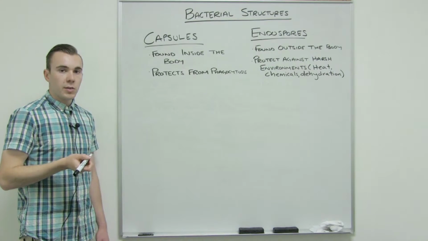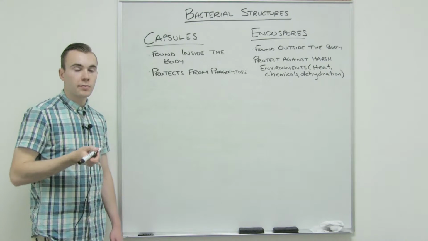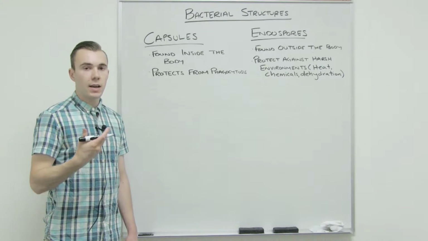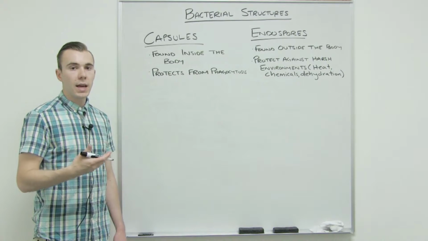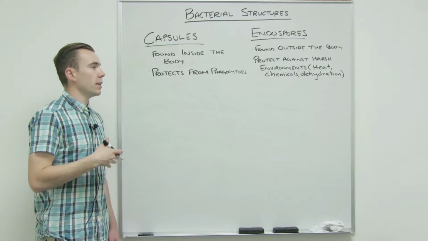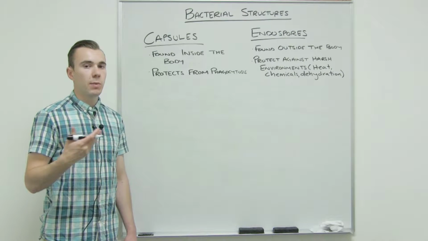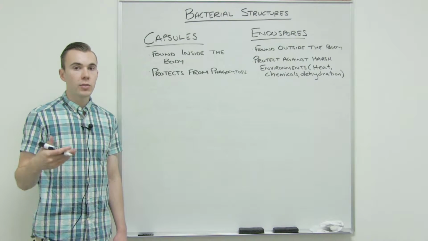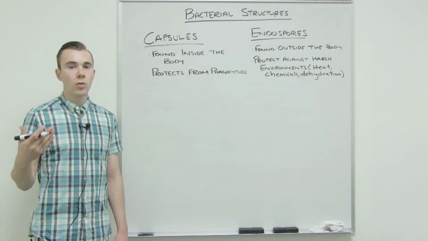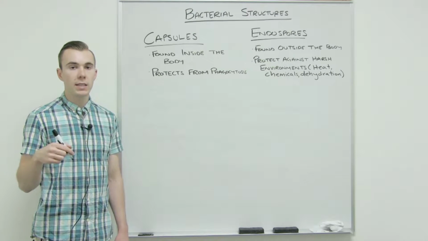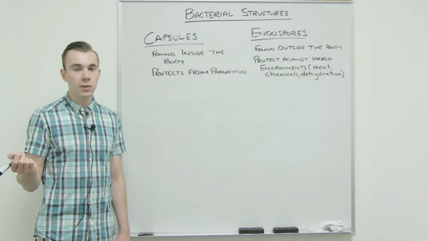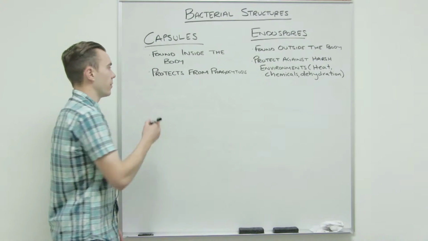The next thing that we need to understand with capsules and endospores is the state of the bacterium. A capsule is found inside the body, and the way I think about that is the bacterium wants to be in the body, so this is a happy state, or in other words, the bacterium is active, or in fancy scientific terms, vegetative.